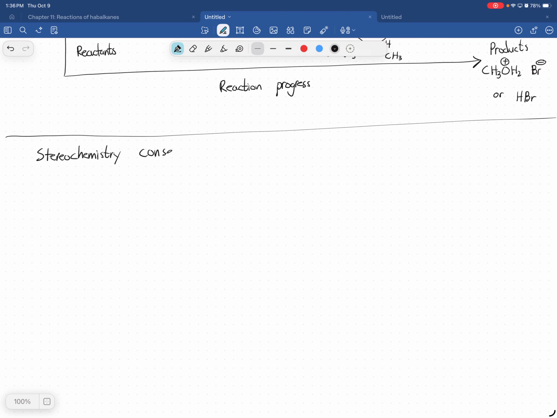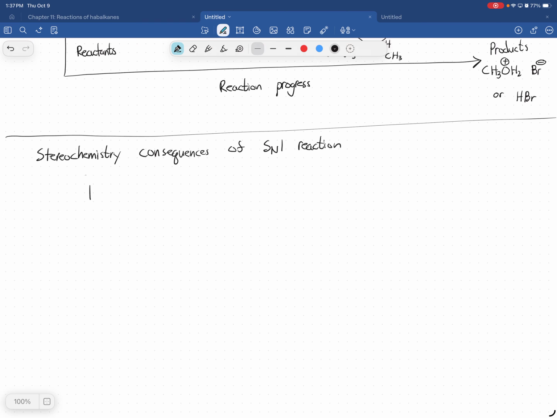There are some consequences of SN1. It's possible to gain stereochemistry and it's possible to lose it. By gain, I mean you get the other enantiomer, and losing, you lose some of the other enantiomer in the process.